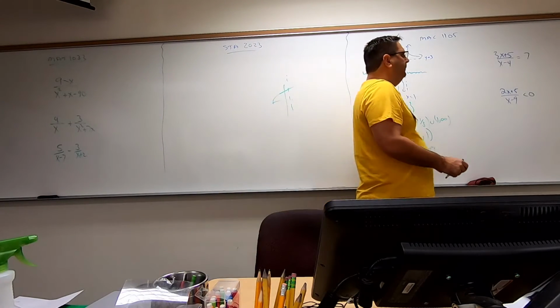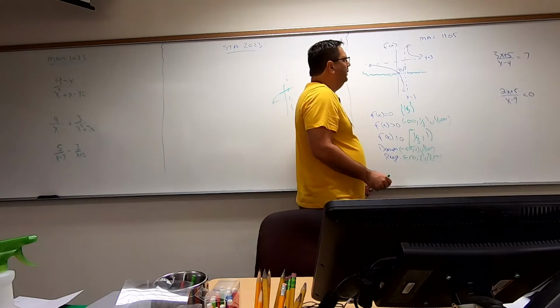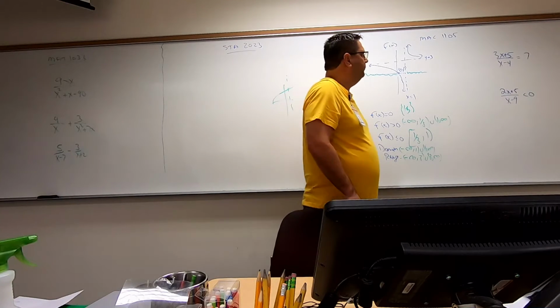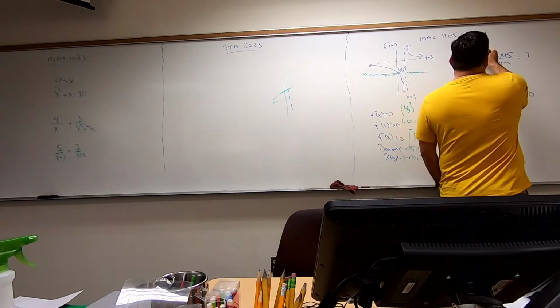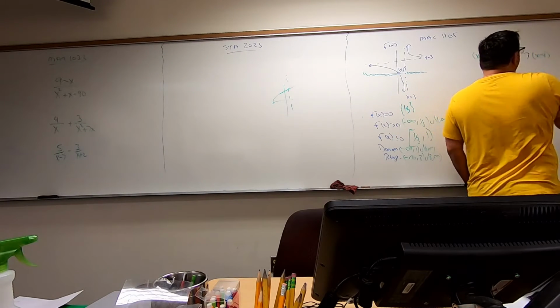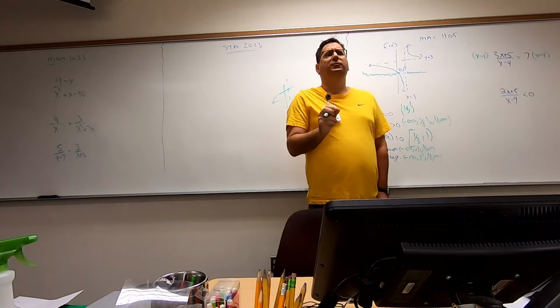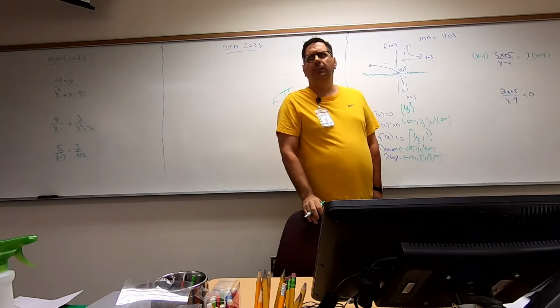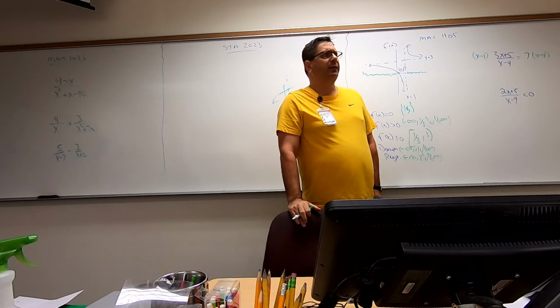All right. For the next one, we're going to multiply both sides by x minus 4. Now we can do that as long as it's equal to. If it's greater than or less than, that becomes a no-no.